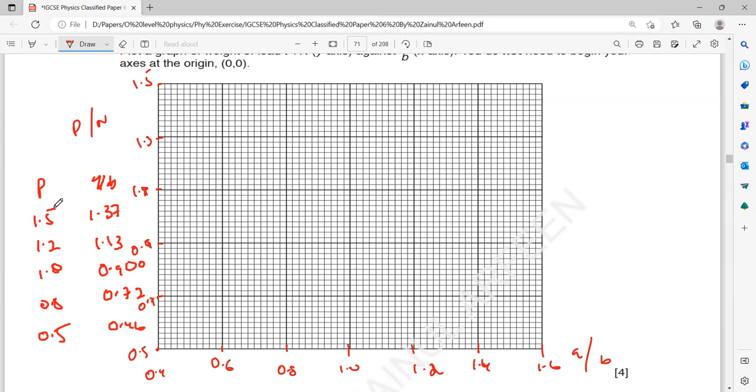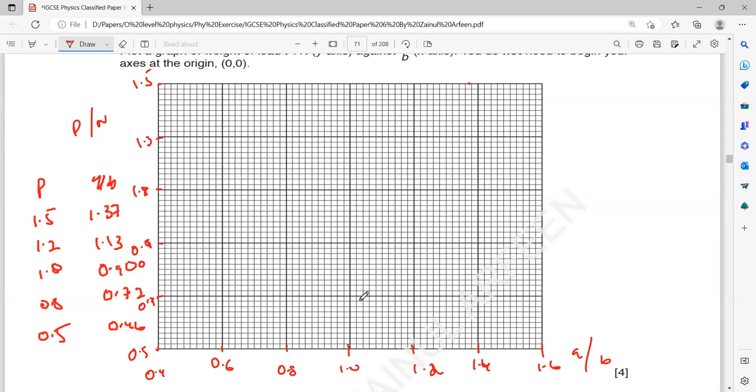Then we mark our results: 1.5 and 1.37. Each division is representing 0.02, so this will be the first point. Then 1.2 and 1.13, because each is representing 0.2.